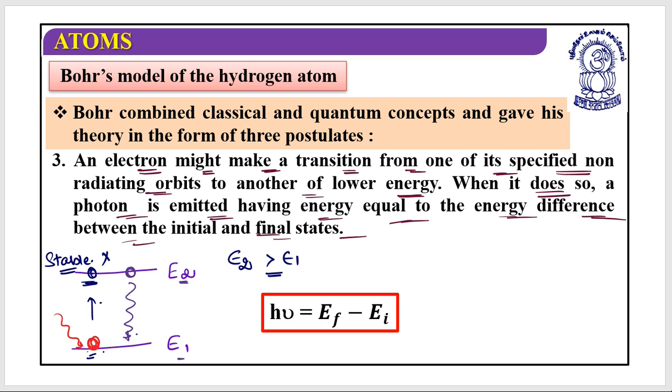But if you want to jump back from E2 to E1, a photon is emitted, and that photon will have an energy equal to hf, where hf equals the energy of the final level minus the energy of the initial level. I hope this is clear.